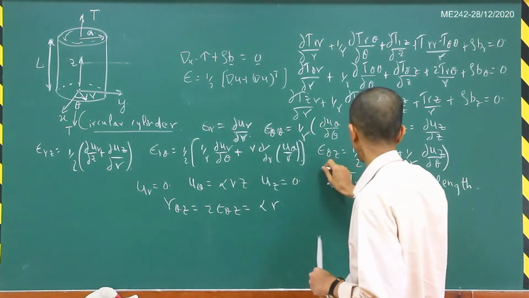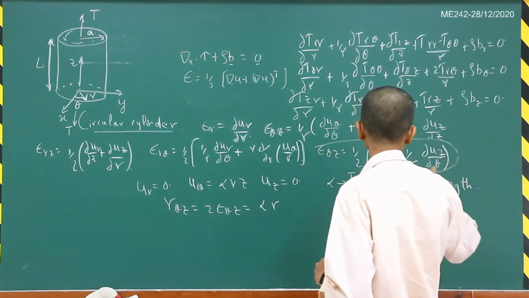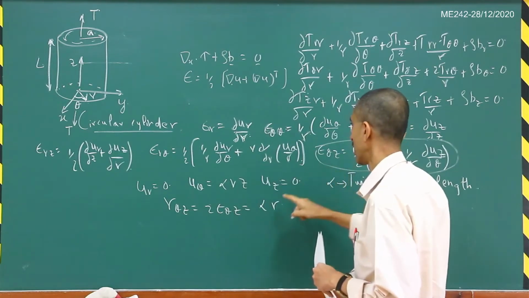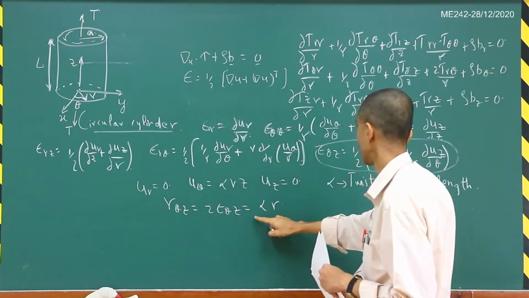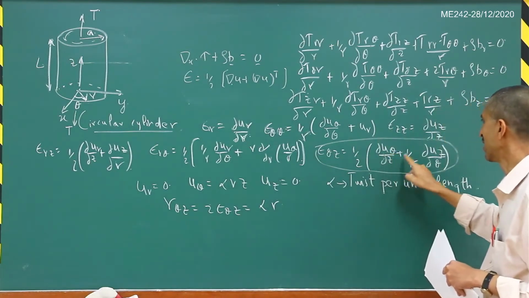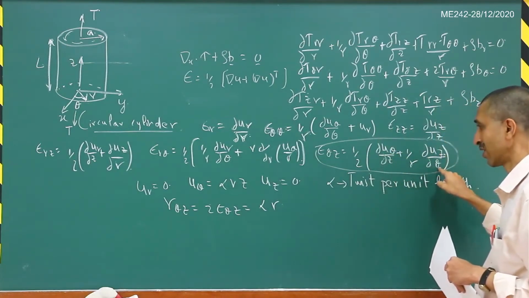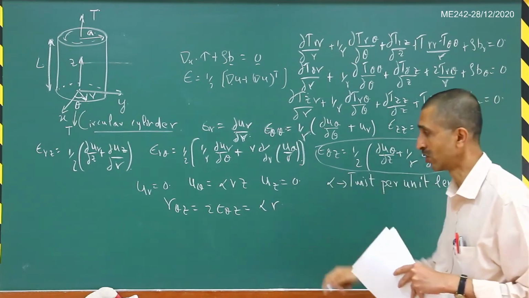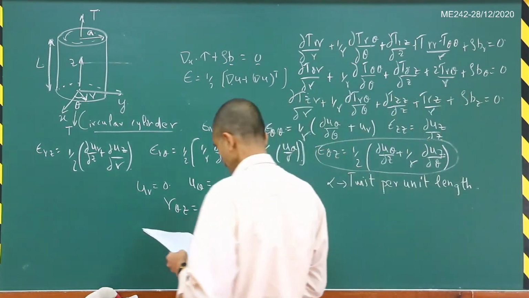So this is the only term that turns out to be non-zero, which is alpha times r. Then this is del u_theta by del z, because del u_z by del theta will turn out to be 0, because u_z itself is 0. So this is the only non-zero component of strain that you get.